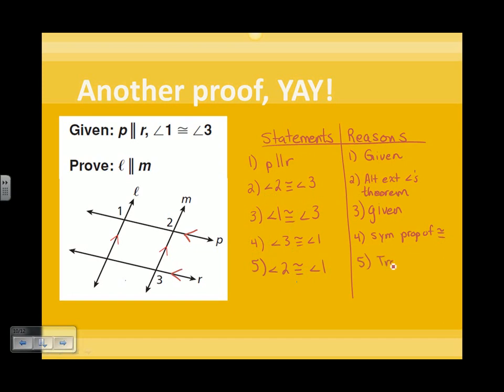And that's by the transitive property of congruence. Okay, so if we've got 1 and 2 congruent, then that means that line L is parallel to line M by the converse of the corresponding angles postulate. That's that.